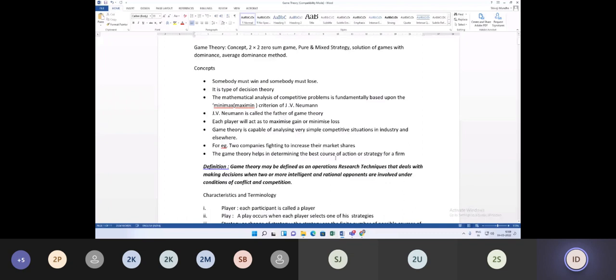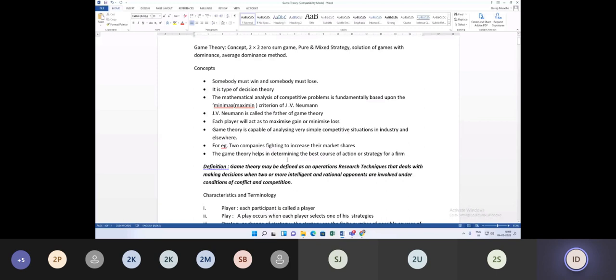Game theory helps in determining the best course of action, or the strategy, for a firm. While playing a game, every person has more than one course of action to choose from.